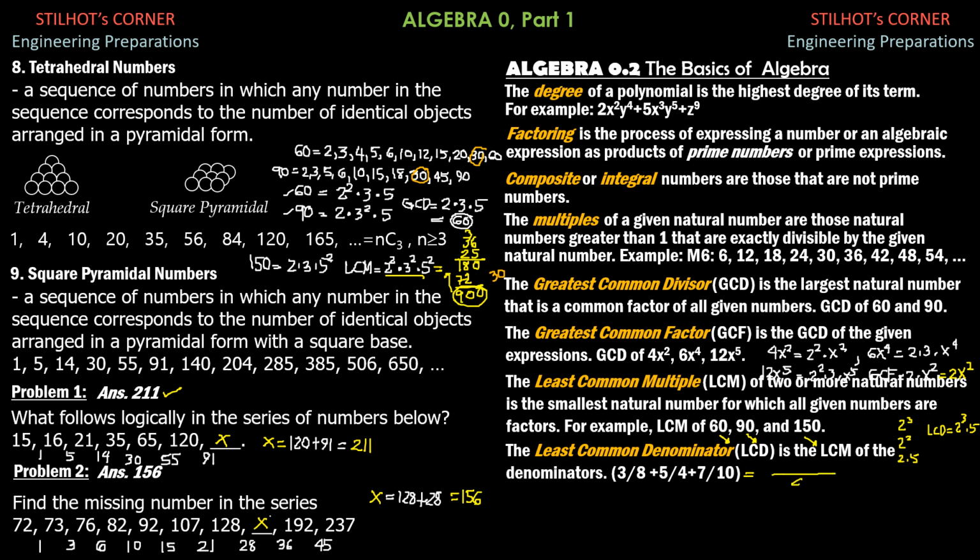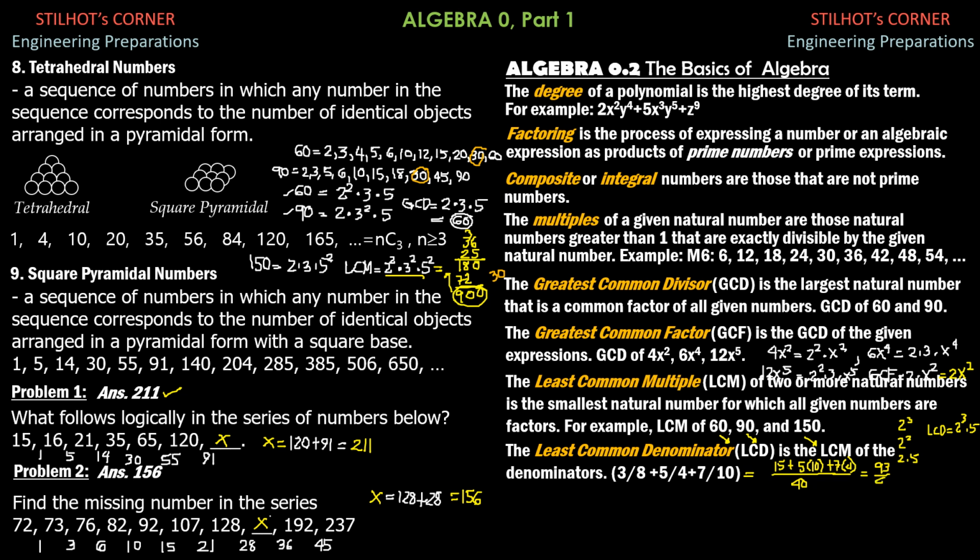So 40 divided by 8 is 5, times 3, 15. Then 40 divided by 4 is 10, times 5, so 5 times 10. Then 7 times 40 divided by 10, which is 4, times 4. 15 plus 50 is 65, plus 28 is 93.